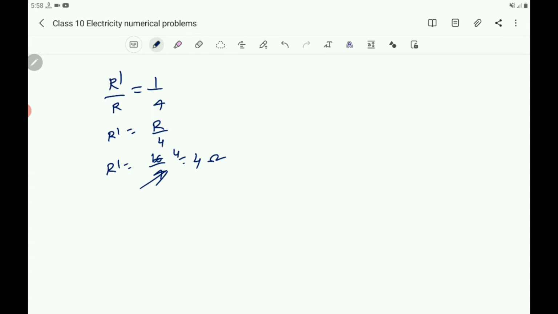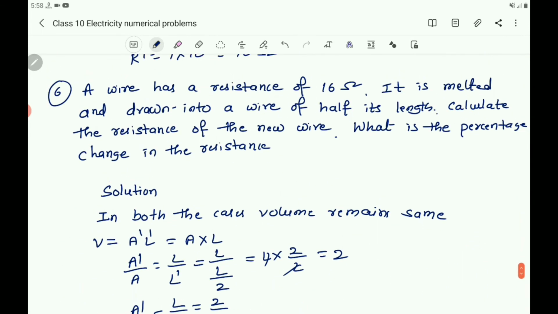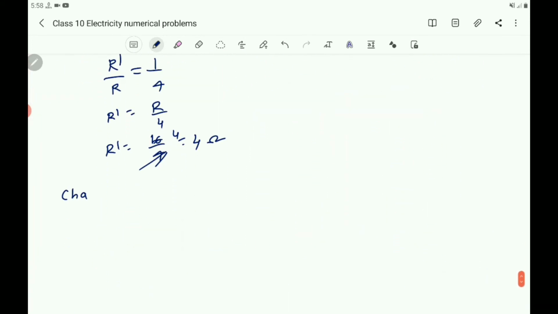Then the change in resistance. The question is to find the percentage change in resistance. Change in resistance is R minus R dash, divided by R. Percentage of change means into 100.